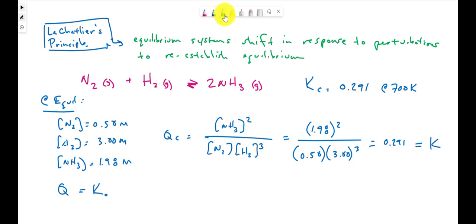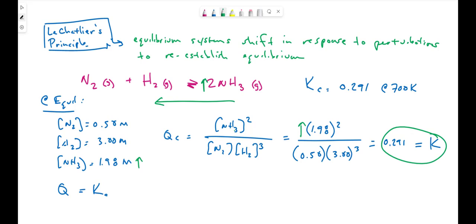What if we add more ammonia? So now, what if we have a reaction vessel and we start to ramp up the concentration of ammonia? So we start doing that. Now this value starts to increase in the numerator. If that increases and the others stay the same, then Q gets bigger, which means that the whole system needs to shift back to the left in order to rebalance and reestablish that ratio of 0.291.